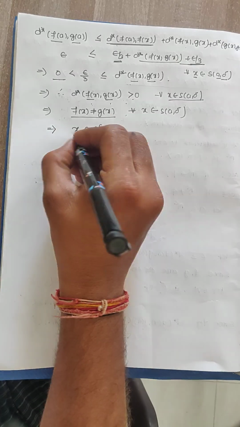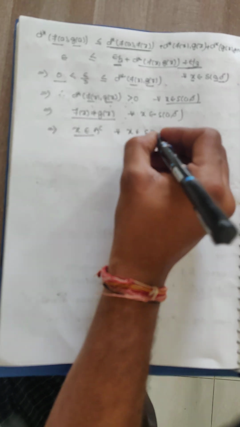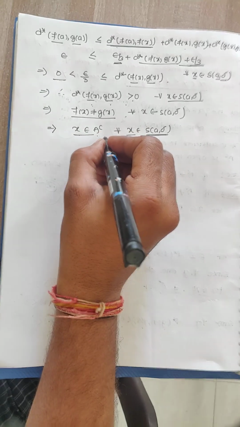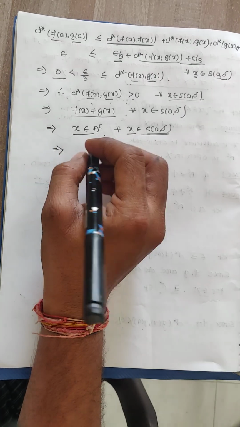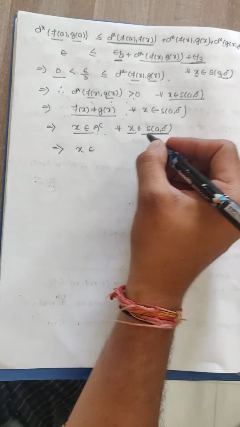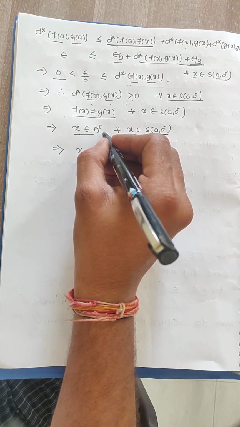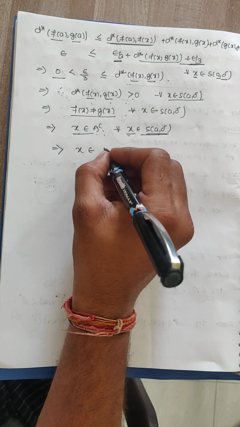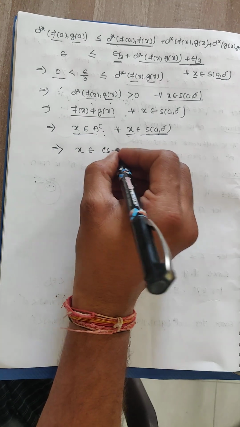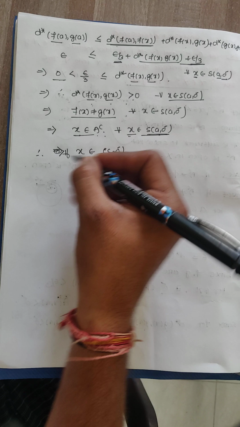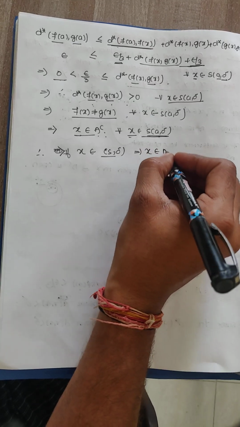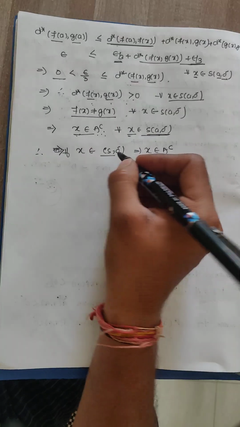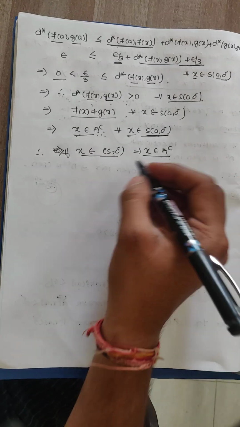This implies x belongs to A complement for all x belonging to S(a, delta). So if x belongs to this neighborhood, then x belongs to A complement. If x were in A, then f(x) would equal g(x), but that is not the case. That means if x is in this neighborhood, then x belongs to A complement.